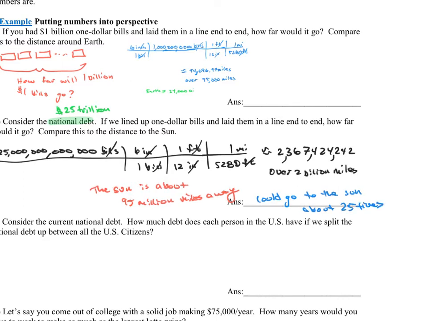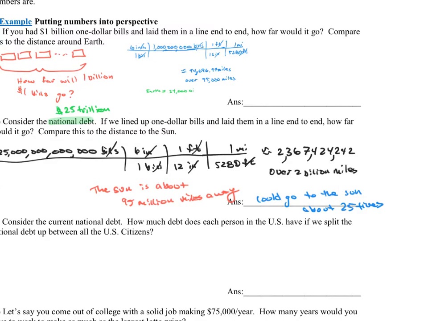So, ridiculous. Our national debt, in $1 bills, could take us all the way to the sun, which we can't even travel that far yet as human beings, but heck, we'd build our dollar bridge here. We could go to the sun about 25 times.